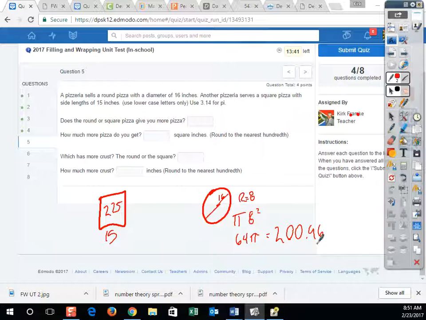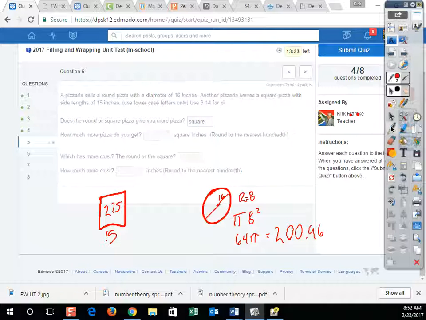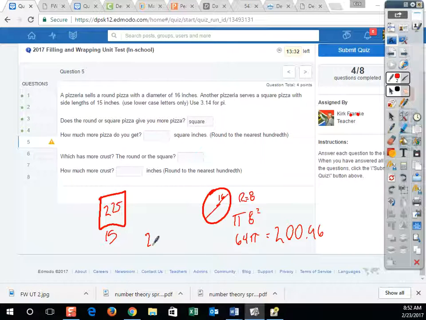Which one's bigger? Square. Excellent. Okay, how much more pizza do you get? So then I'm going to subtract 225 and 200.96, and it says round to the nearest hundredth, so I need to keep the 0.96, and so I get a grand total of 24.04.